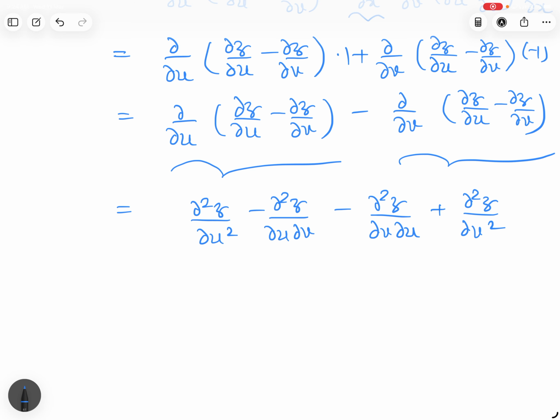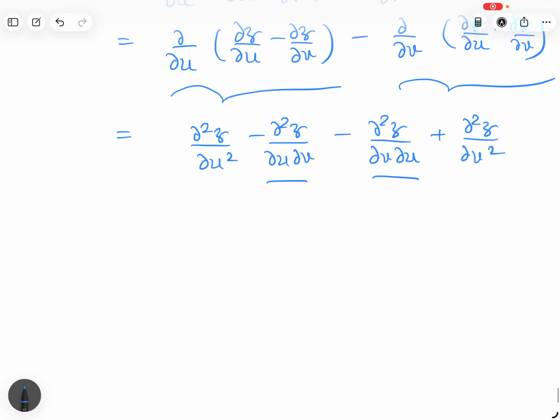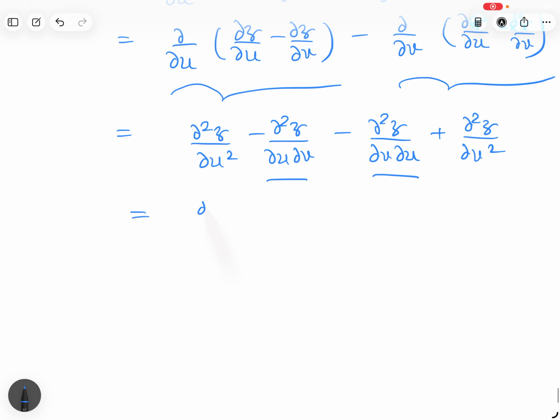I told here I am taking function z such that these two things are equal. You change with respect to first u and then v, or you do first with respect to v and then u. Both things are equal. So in place of this I am writing the same thing, because both are equal.